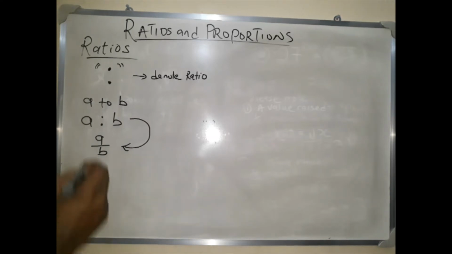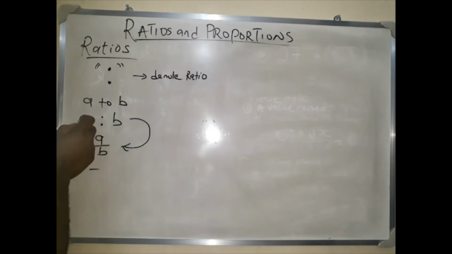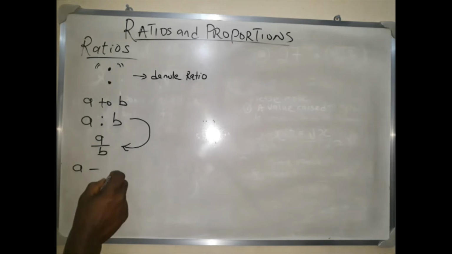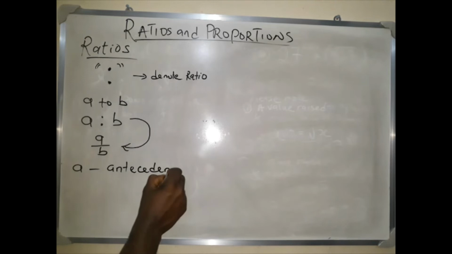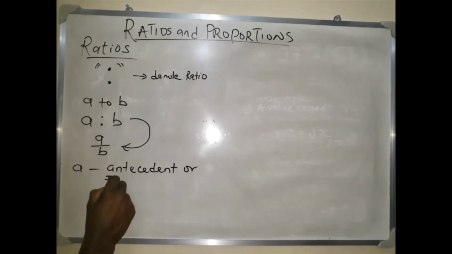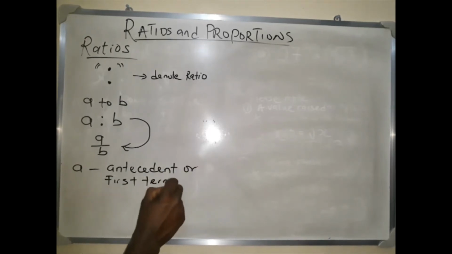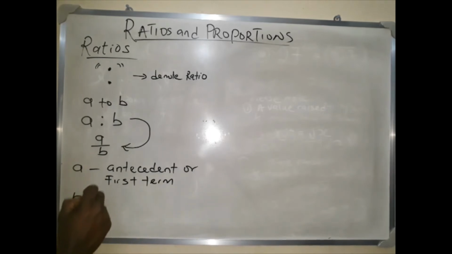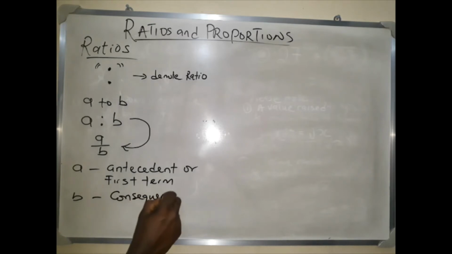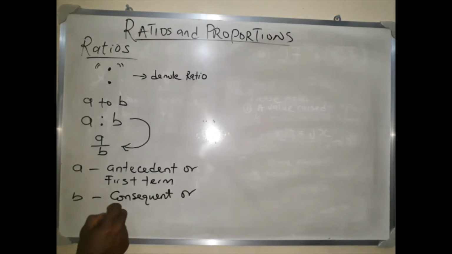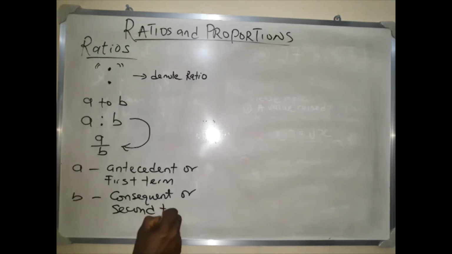Now, for this, A, which is the very first term in the ratio, is known as the antecedent, or first term, while the B is known as the consequent, or you can call it the second term.